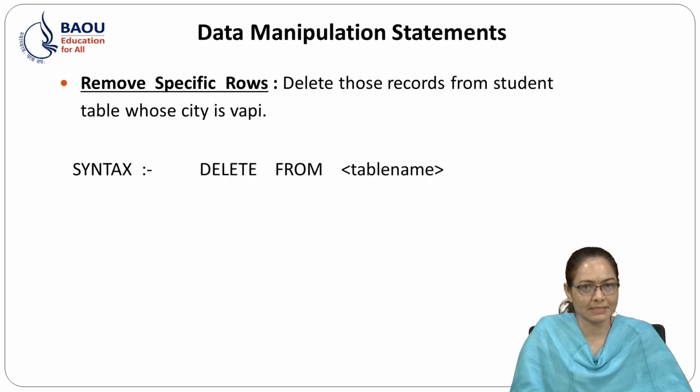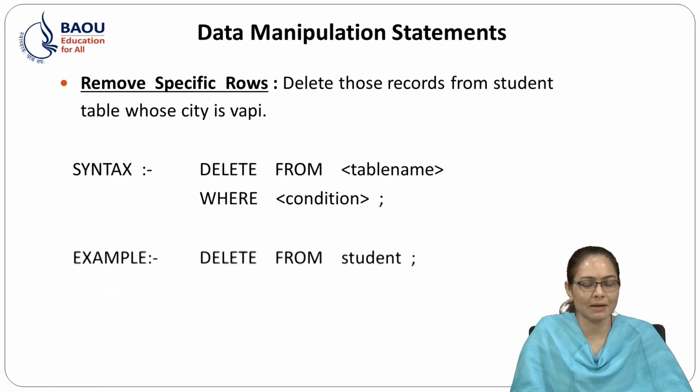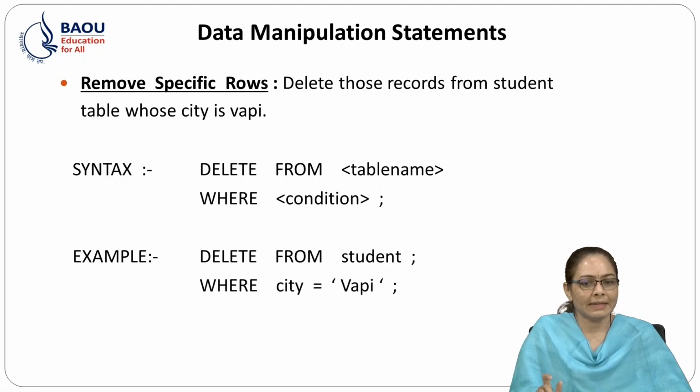So the syntax is delete from table name, then where condition. So how do we write the delete command for specific or particular records? See the example, delete from student.